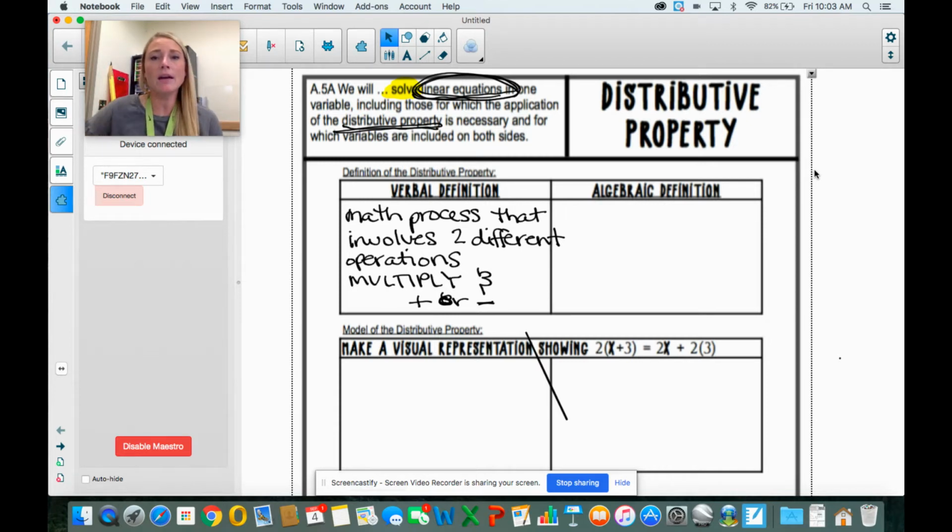Now, algebraic just means numbers and letters. Algebraic, fancy word. You can go home or tell your parents, oh yeah, I did algebraic expressions today, and they'll think you're really fancy. Okay, so algebraic might look something like this. Okay, so I have A parentheses B plus C. That's an algebraic expression. Okay, now as soon as I see those parentheses, I have to think that tells me to distribute.